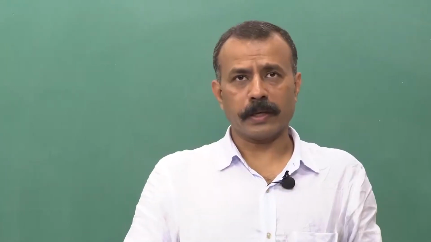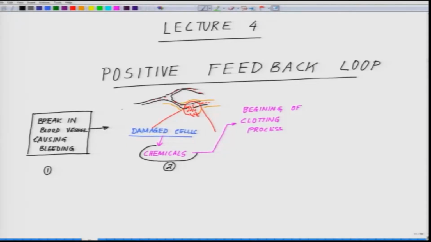So these are the ones which secrete those XYZ chemicals, what you see highlighted here in the picture. So these chemicals start the process of clotting, which is step 3.